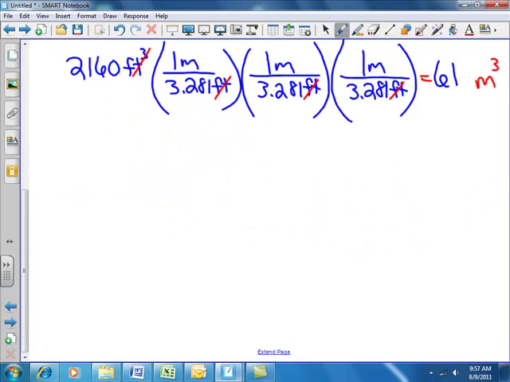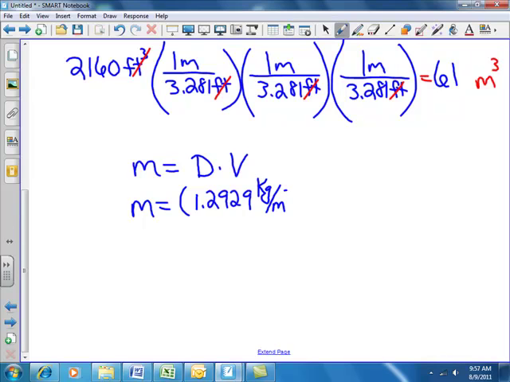Now I can actually solve the original problem, which is: mass is density times volume. So the mass would be 1.2929 kilograms per meter cubed times 61 meters cubed.